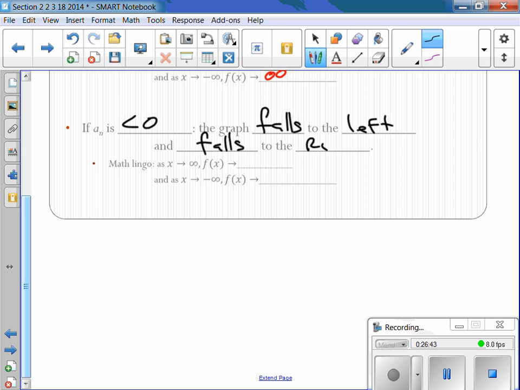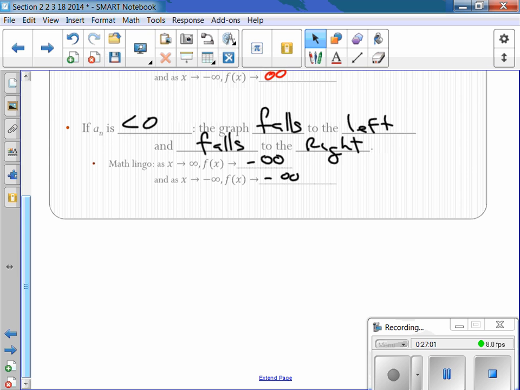So as x approaches infinity, my f of x goes to negative infinity in both cases, just looking like the negative x squared. And just applying this, folks, don't worry. This is the last page, besides the homework.